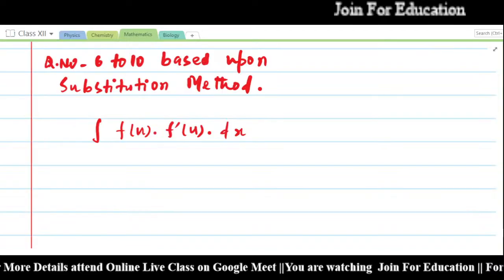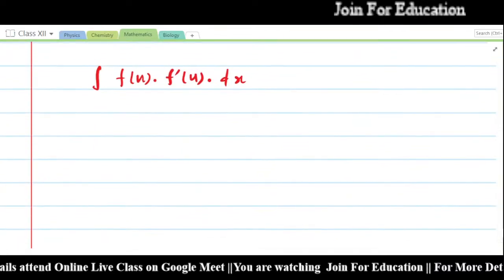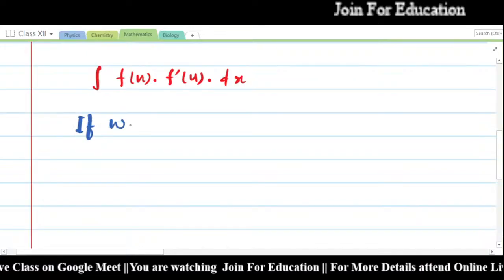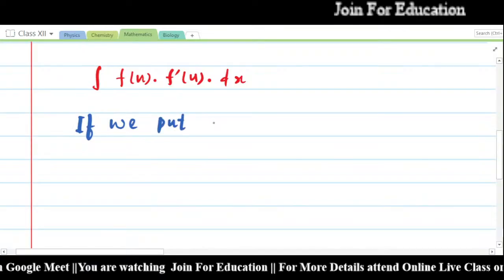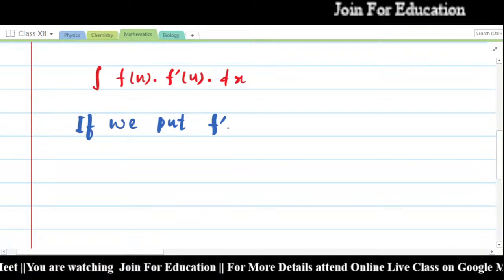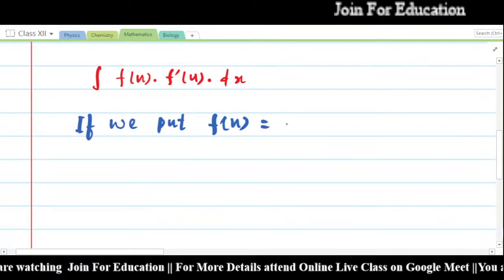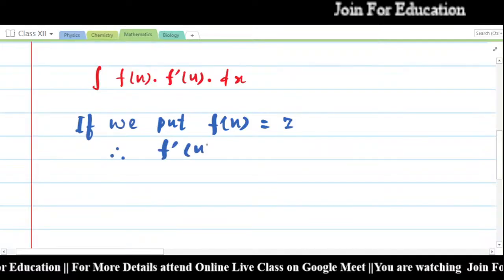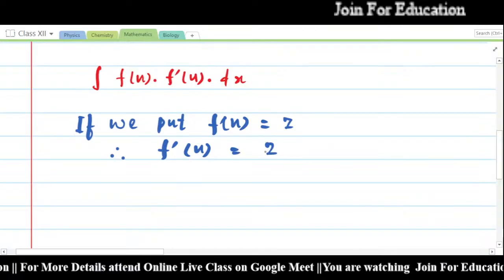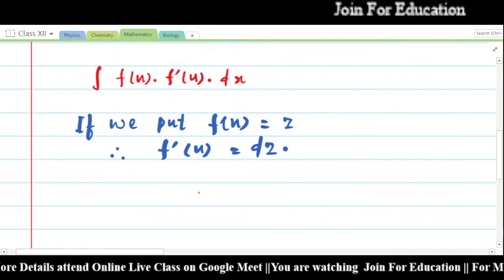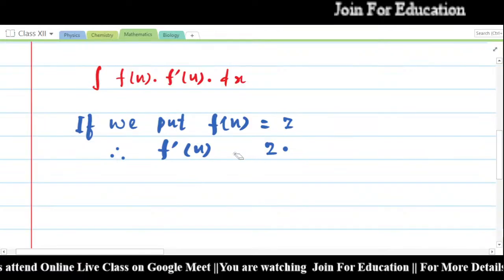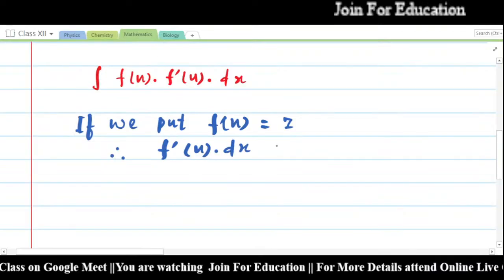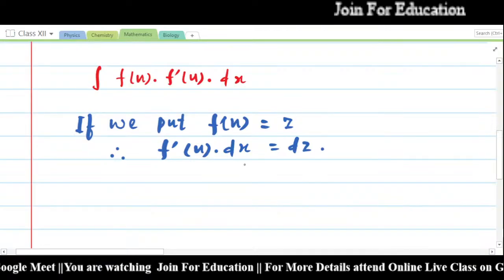If we put f(x) equal to z, then we have derivative of f(x) equal to dz, or we write f'(x) into dx equal to dz.